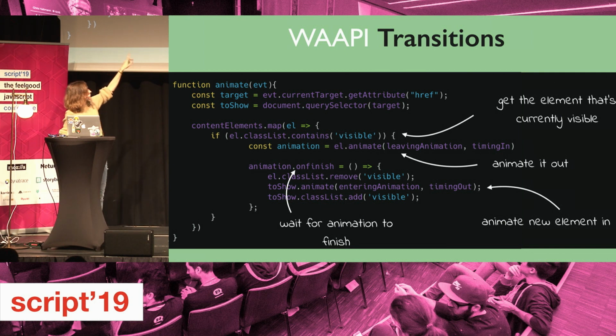And then I'm giving it some animation and some timing. I'll explain how that works in the Web Animations API in a bit. And then I get an animation object from that animation, and once my leaving animation is finished, I'm calling the next animation to transition the element in.